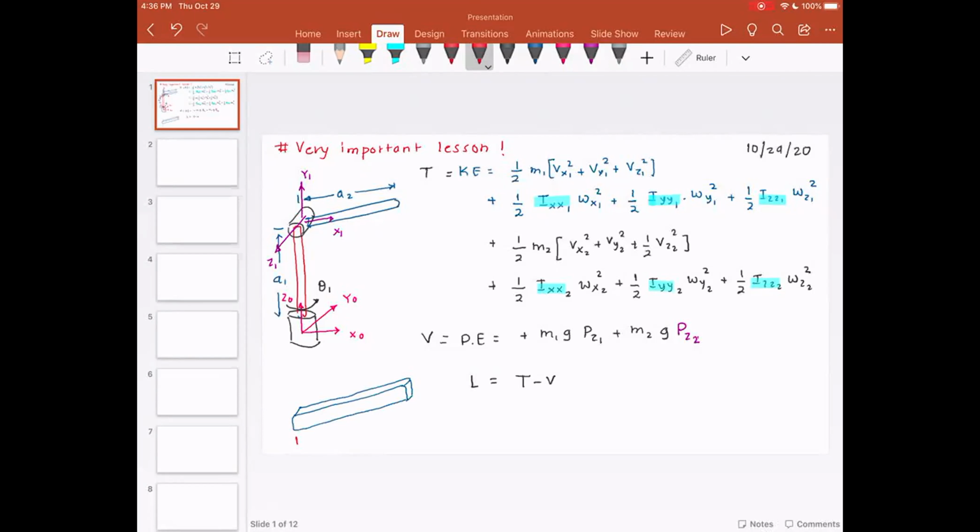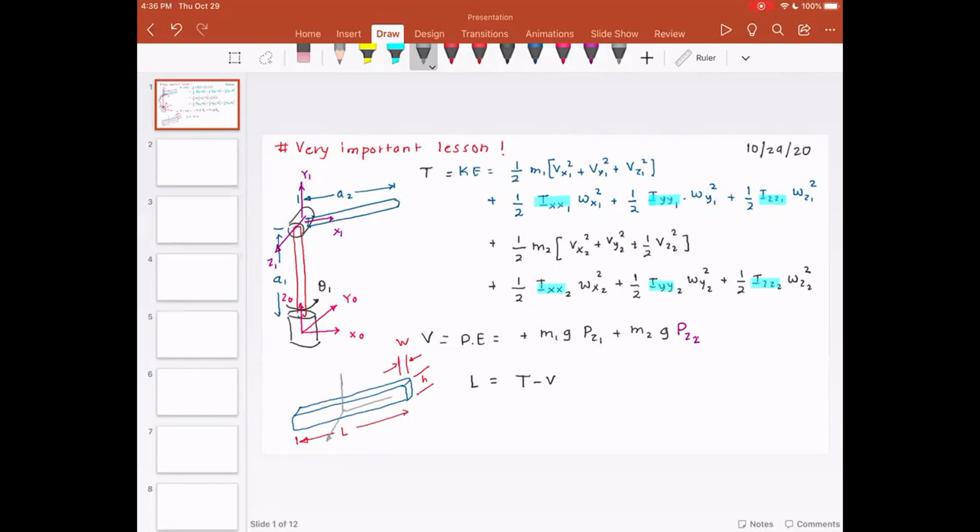If this is length L, this is height H, and this is width W, then it depends upon how you set up the coordinate system. So now I need to write this down very carefully.